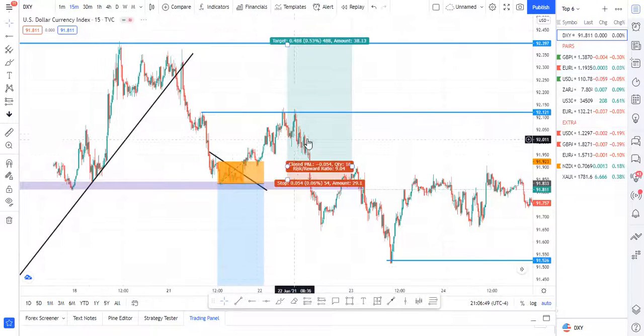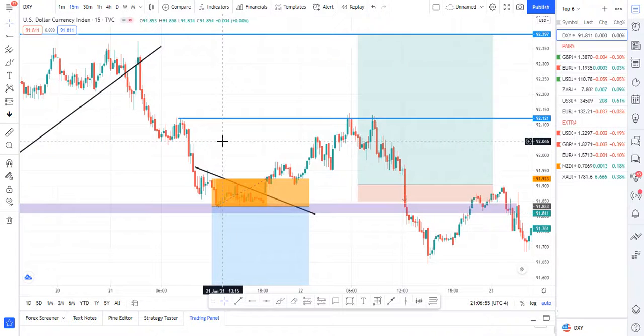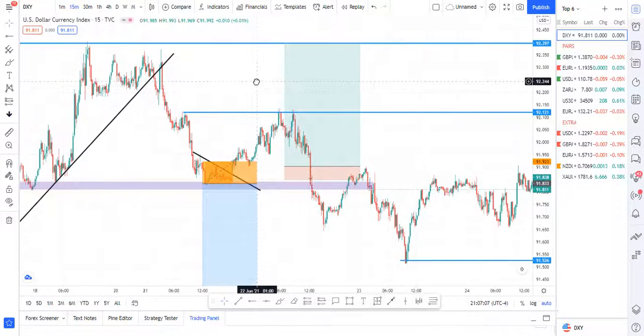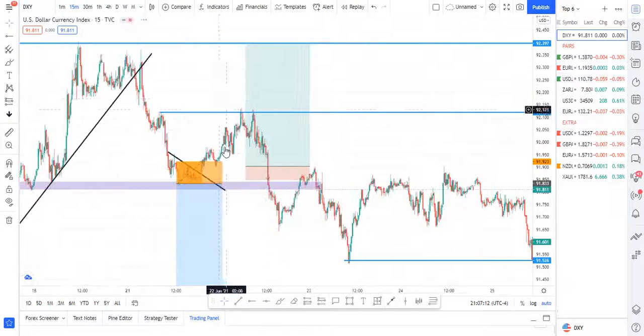I bought GBPUSD. I bought it, right? And I was buying it like, let me see. Let me just go to GBPUSD and tell you, but please just keep in mind the structure of what happened, right?